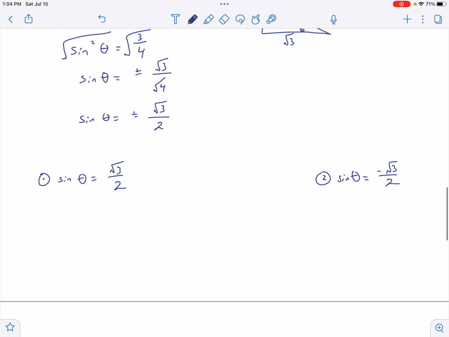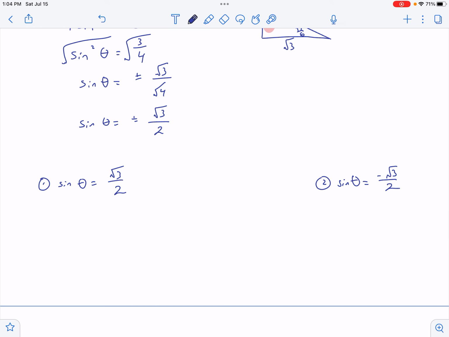So our first question is saying sine of theta is positive root 3 over 2. And so according to the CAST rule, I am working in quadrants 1 and 2. In quadrant 1, my related acute angle is pi over 3, just like in quadrant 2.